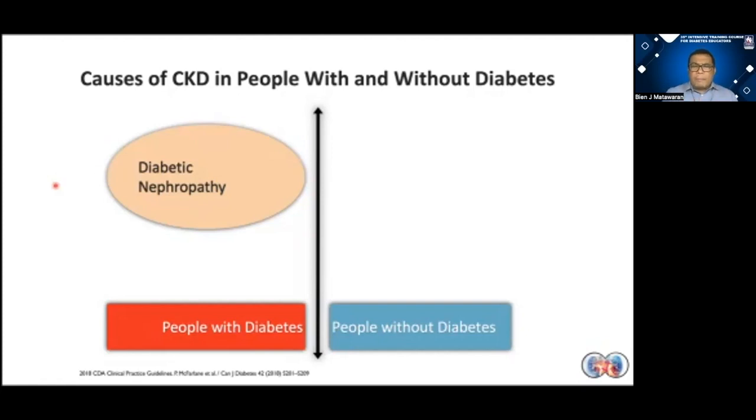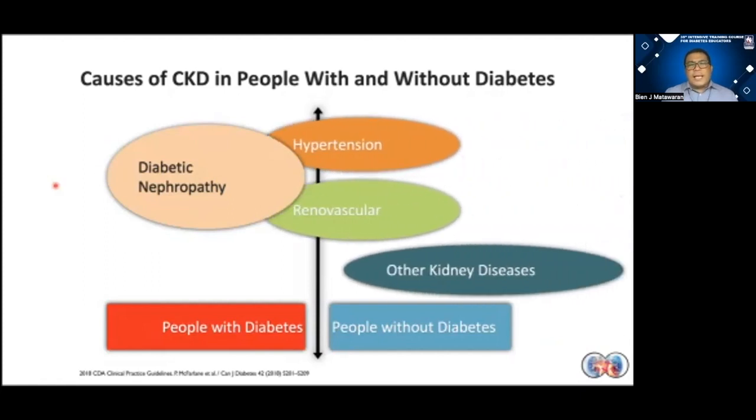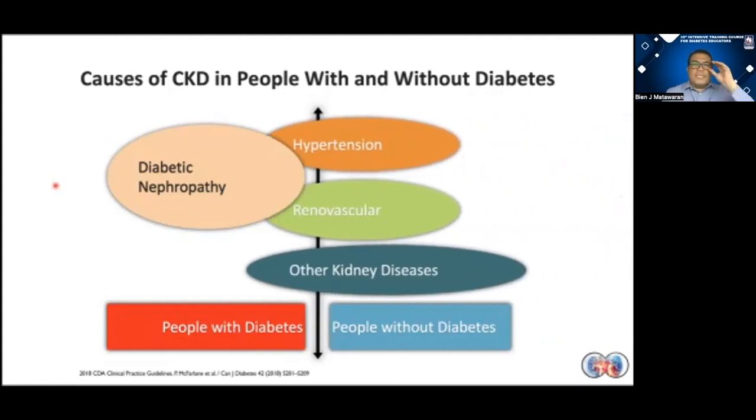Because we have to remember that aside from the presence of diabetes, other conditions like hypertension, renal vascular disease, and other kidney disease may be present in a patient with diabetes. So factors that may be present even if you are not diabetic can be an accelerating factor or a risk factor in patients with diabetic kidney disease.